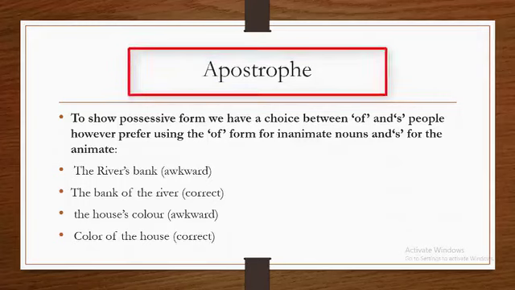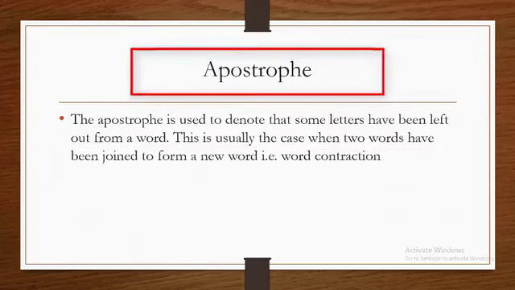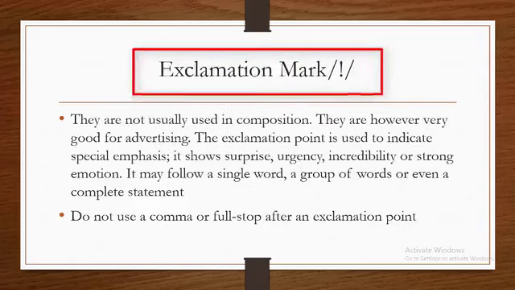Don't say the house's color, say the color of the house. Don't say the table's legs, say the legs of the table. Because those nouns are inanimate, that is, they are not living. We also use the apostrophe to indicate contraction, that is, omission of certain letters.